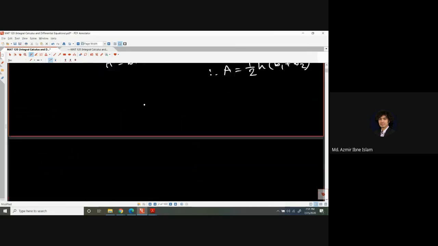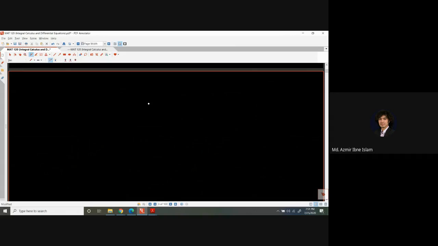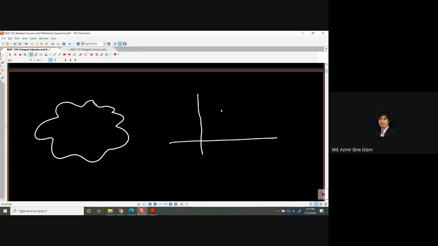But now suppose we have a different shape that is not a rectangle, or that does not go with the common shapes. Or suppose we have a function that goes with this curve. Okay, it is the function.